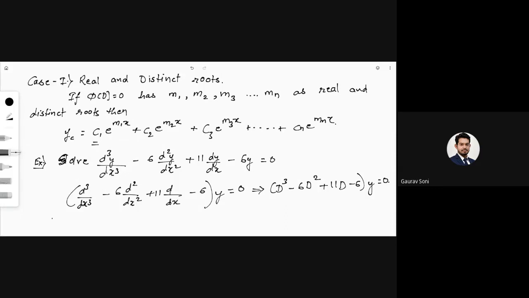So what is my auxiliary equation? Auxiliary equation: d cube minus 6 d square plus 11d minus 6 is equal to 0. So once I have the auxiliary equation, what will I have to do now? I will have to find the roots of this auxiliary equation.